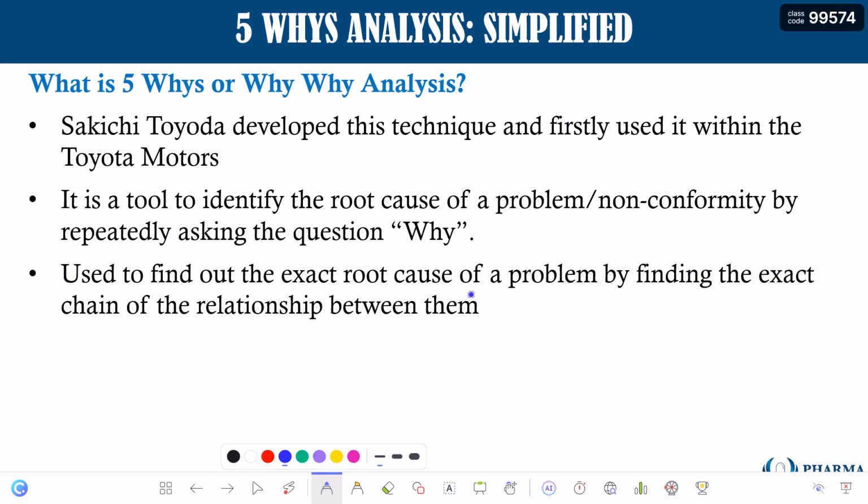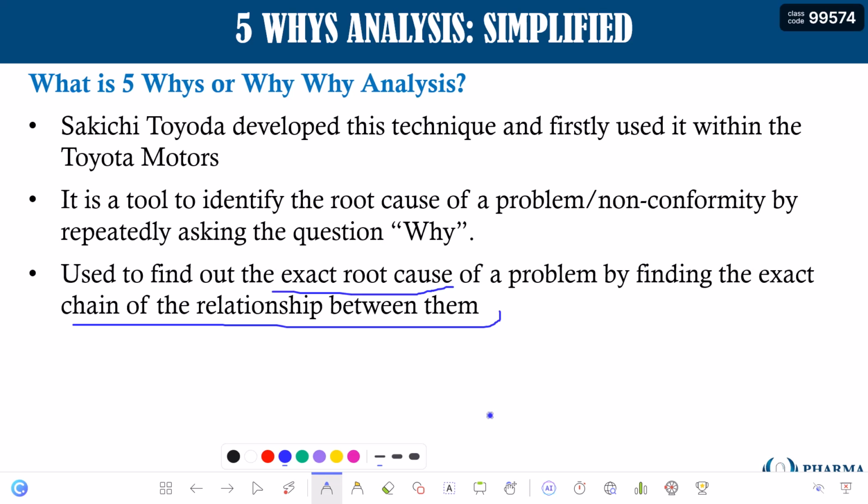This is used to find the exact root cause of a problem by finding the exact chain of relationship between them. So Five Whys will connect these different answers with the questions that you are going to ask one after another. That indicates that your question is related to the earlier answer.